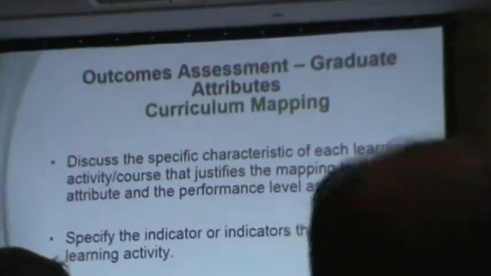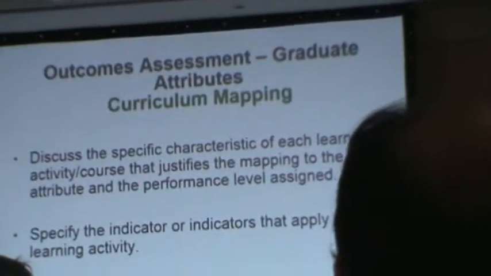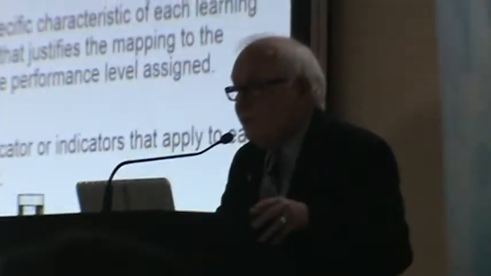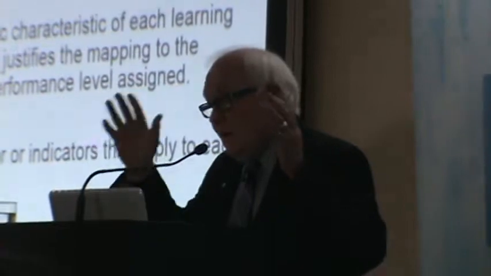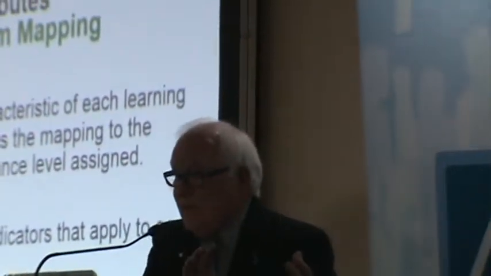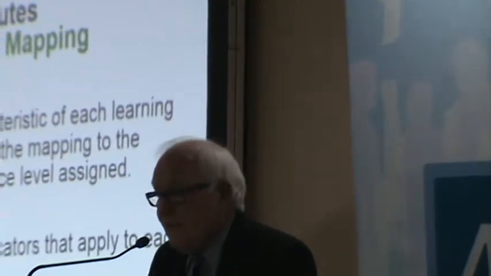And what we ask is to discuss the specific characteristic of each learning activity, or course, that justifies the mapping to the attribute and the performance level. So this is the course, this is why I'm using this course for this attribute at this performance level.